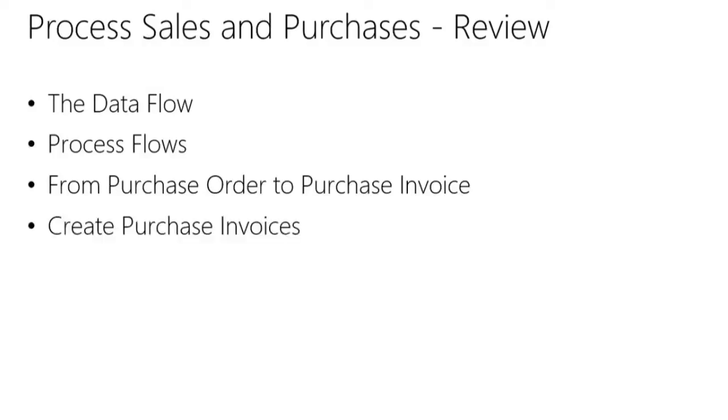We can create a purchase invoice, and a very similar flow from sales quote to sales invoice. Now, as you have seen, Dynamics NAV is an ERP system. All of the departments are completely integrated, and in the complete process flow from sales and purchase, you can see everything is taken care of by the system, and the way that you are managing your processes in the company are all foreseen in the application.